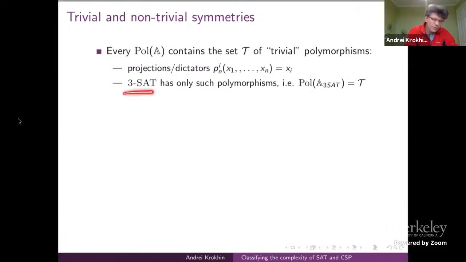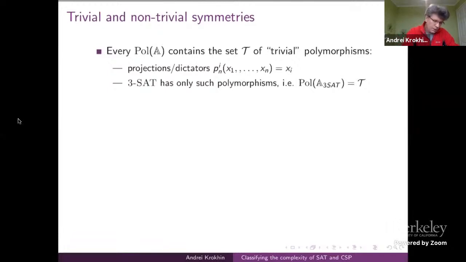For example, if you look at the structure that gives 3-SAT as a CSP, then it has only trivial polymorphisms and nothing else. And this is a relatively easy exercise. You can do it on your own on a napkin in 5 to 15 minutes. And I'm not showing off. It's really very simple and elementary. All you need is the definition. That's it.